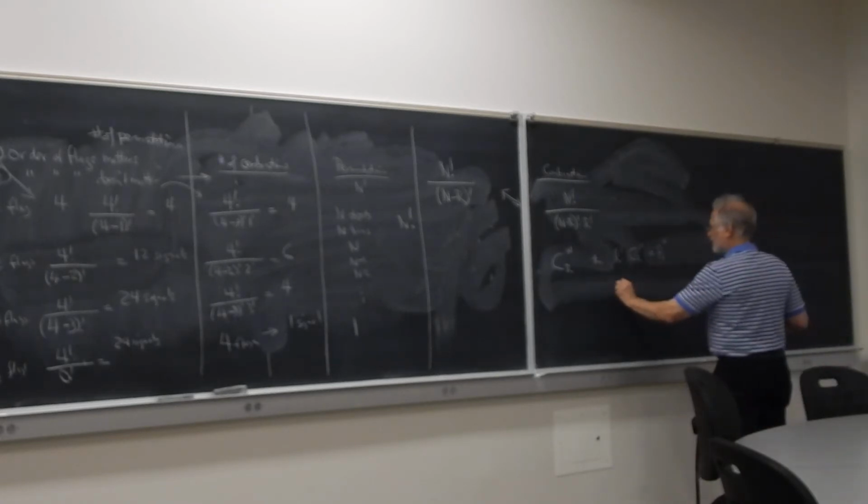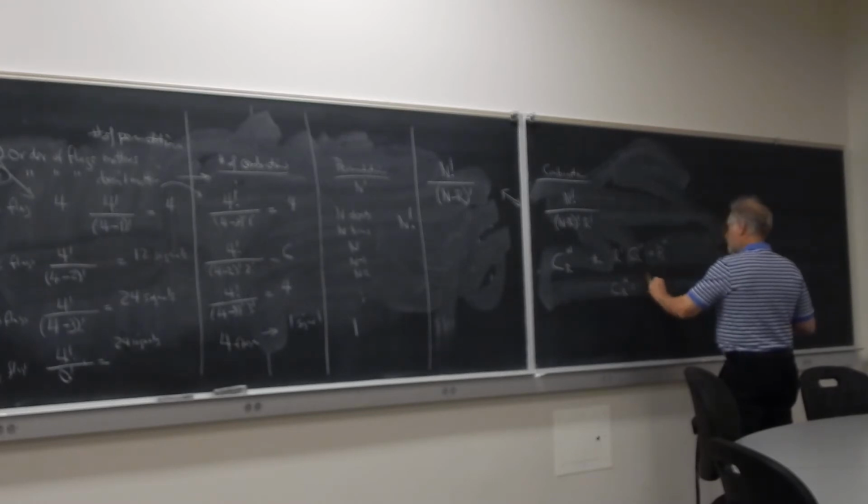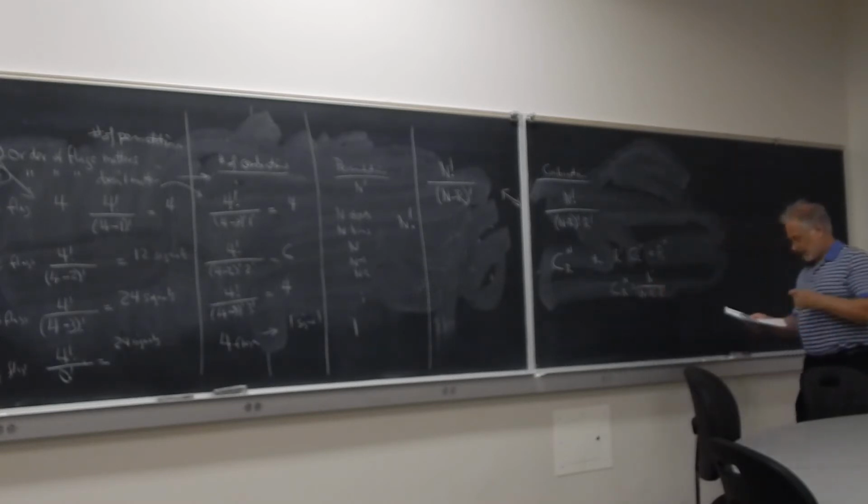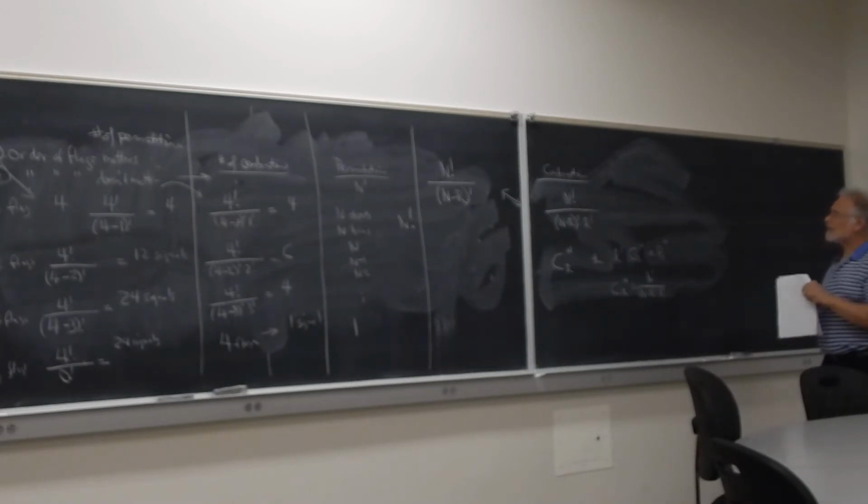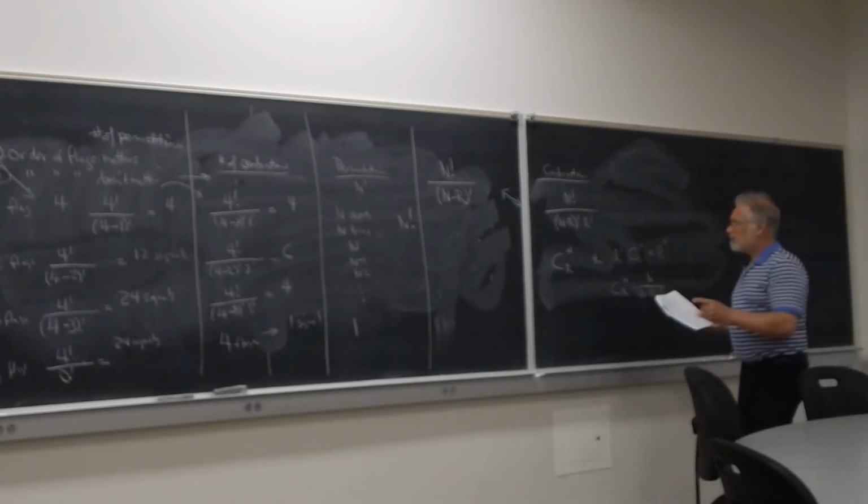Or if I turn it around, C(n, r) is equal to n factorial over n minus r factorial times r factorial. Combinations, permutations.